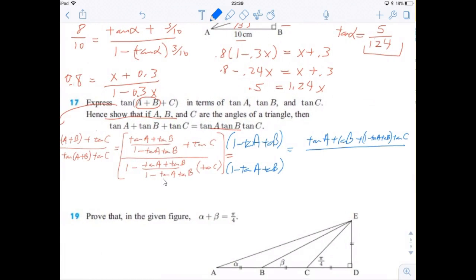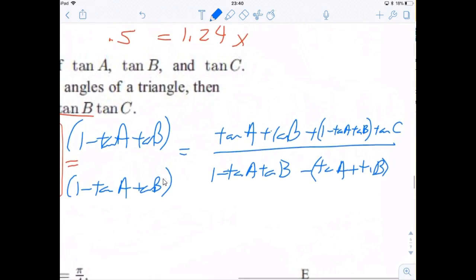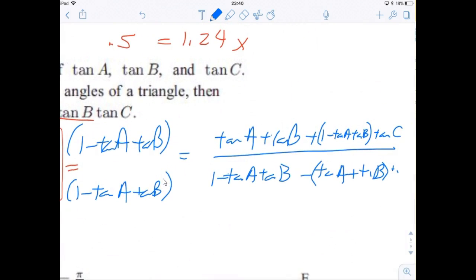On the bottom, I would have 1 minus the tangent of A times the tangent of B minus tangent of A plus tangent of B times the tangent of C. Okay.